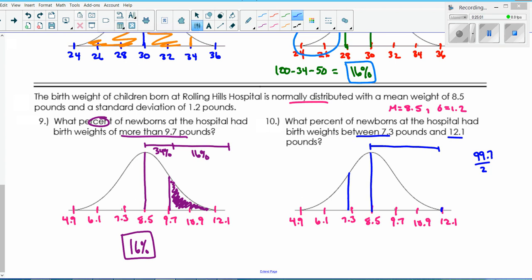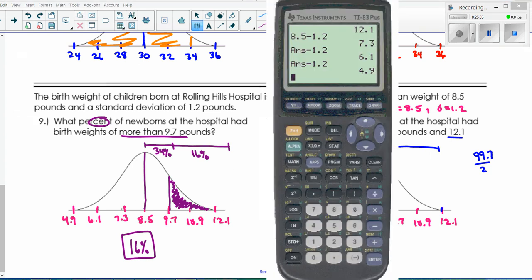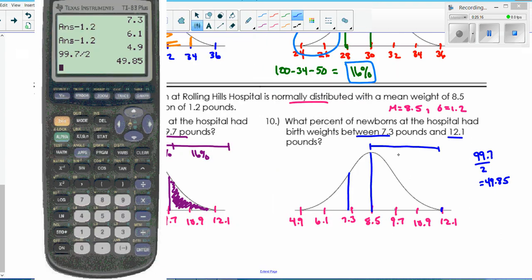If I take 99.7 and divide by 2, I get 49.85%. So very close to 50%. This is 49.85% because it stopped on that third standard deviation.